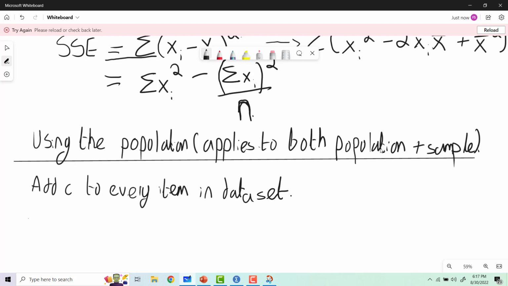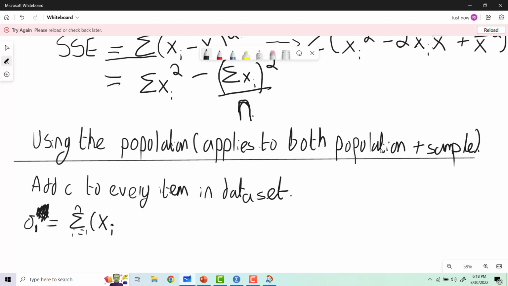So recall, the original sigma squared, so I'll just call this sigma squared 1, is going to be sigma i equals 1 to n xi, and we're just going to do it for the standard deviation.